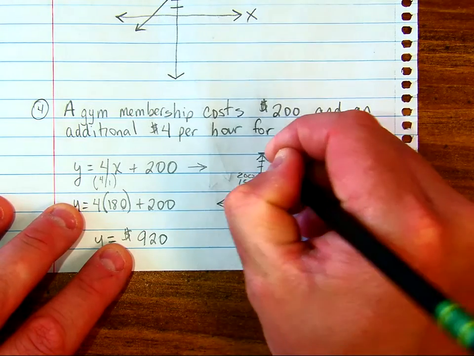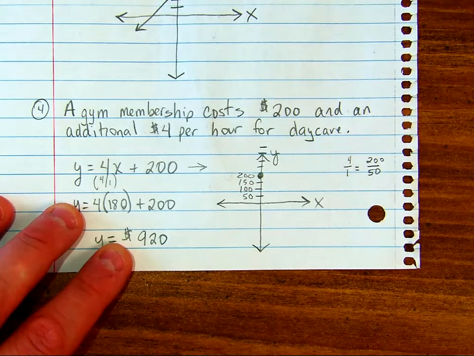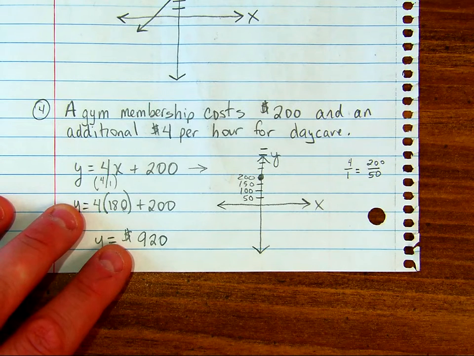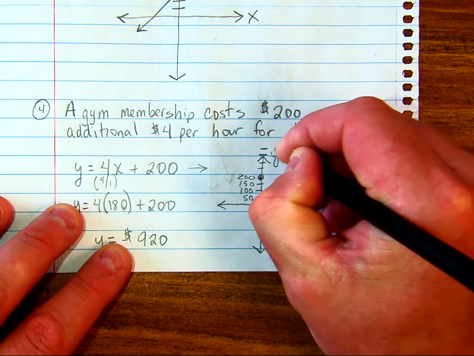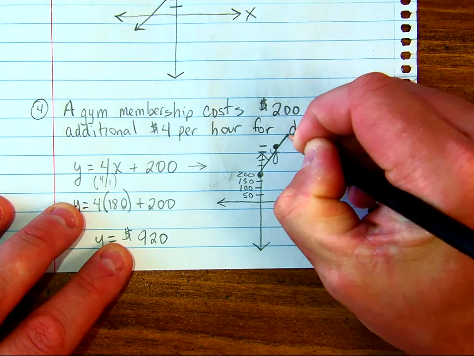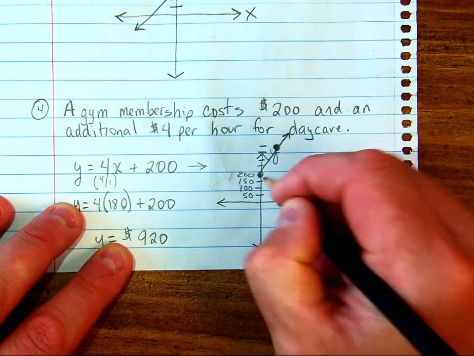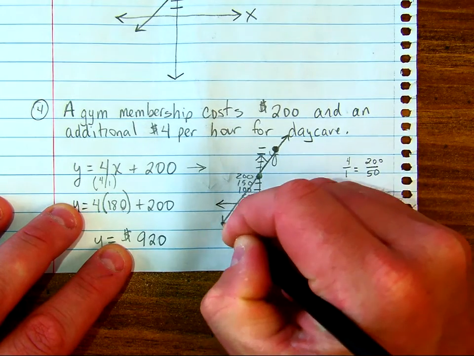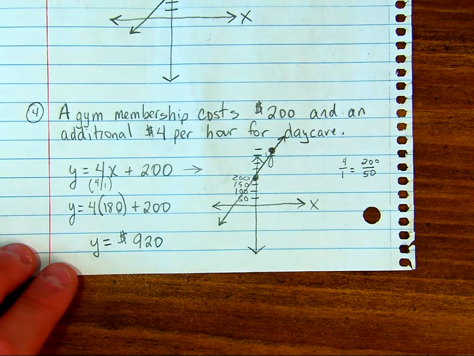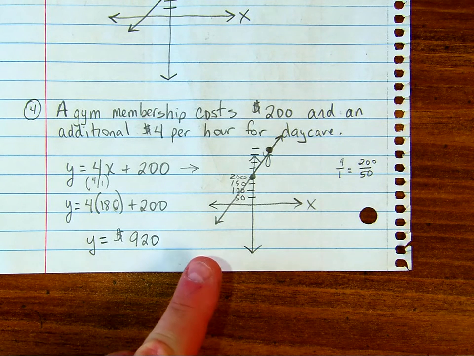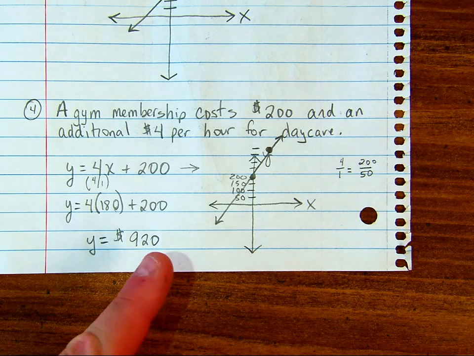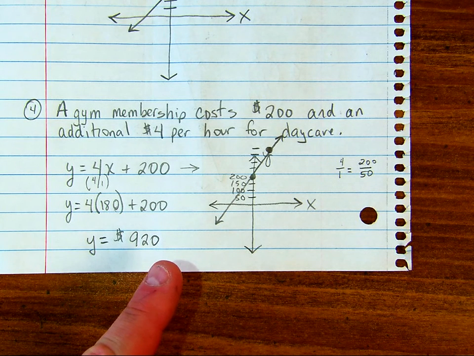And my horizontal change is 50. Tomorrow, this is what I'm going to hammer you with. When our y-intercept is big and we have to go by different intervals, increments.